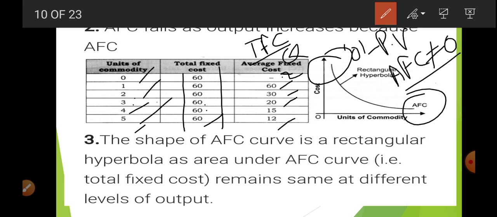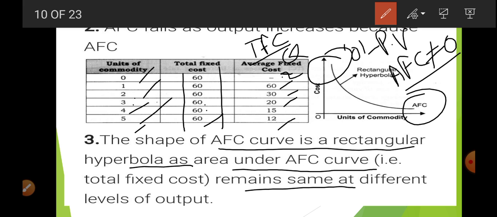So in this way we get a decreasing value. Okay, but it is not going to be 0. The shape of the AFC curve is a rectangular hyperbola, as the area under the AFC curve remains the same at different levels of output. Okay, students?